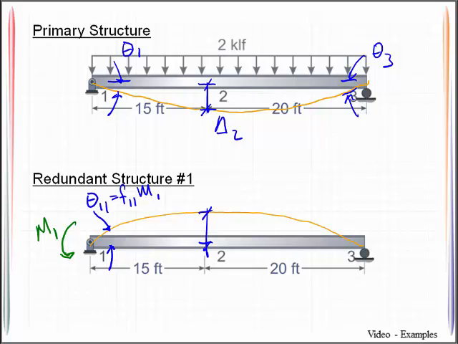This is the deflection at 2 due to the moment at 1 is equal to the flexibility coefficient times that applied moment. And then the rotation at 3 due to the moment at 1 is equal to the flexibility coefficient times the moment at 1.